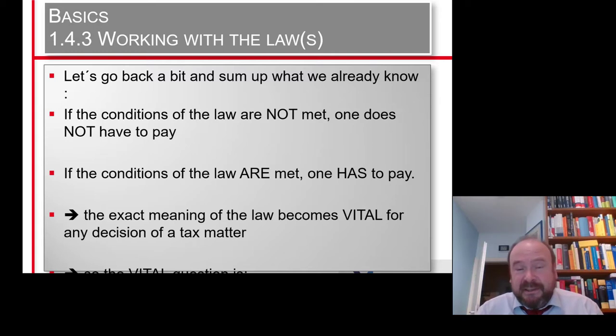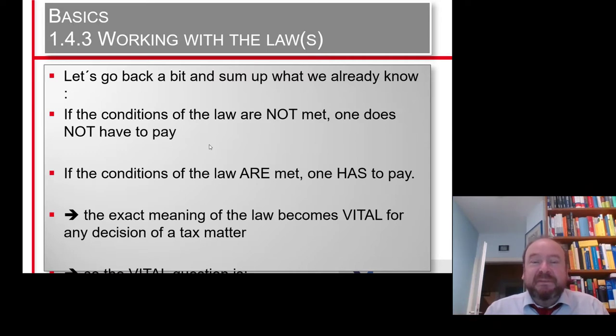How have the 100,000 to be computed, and so on. And all these things then become important. So the exact reading or meaning of the law becomes the central affair, the central thing to work with.